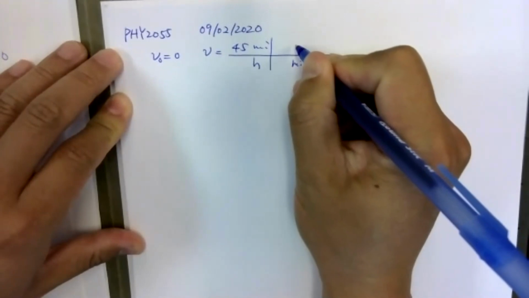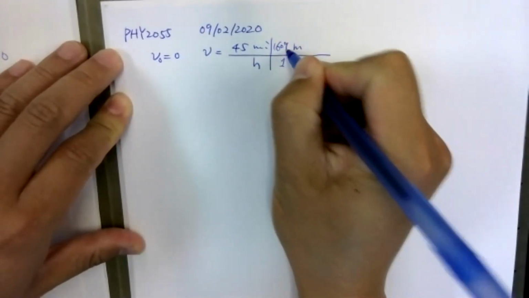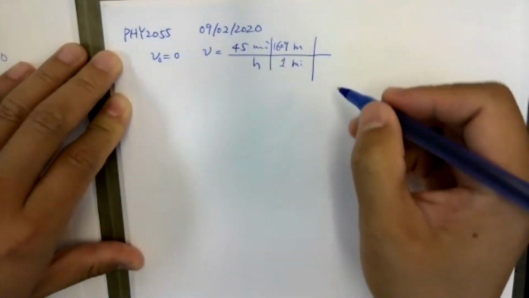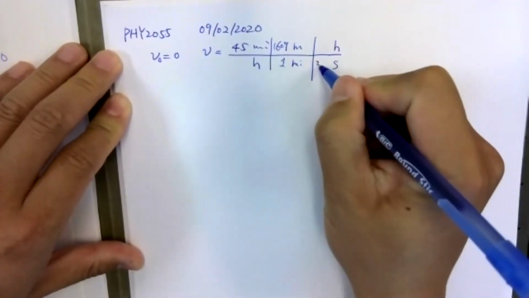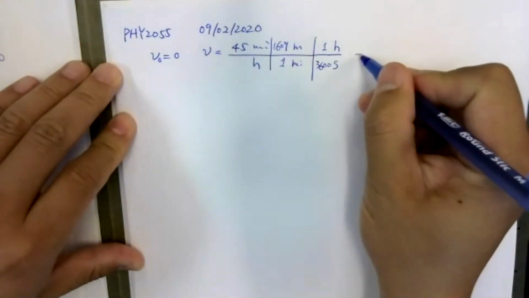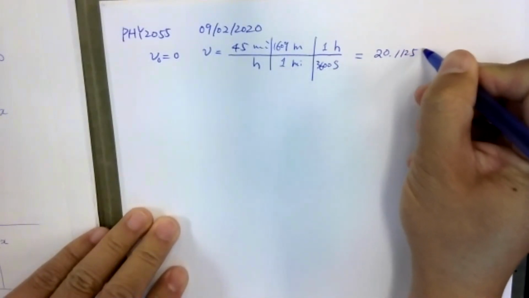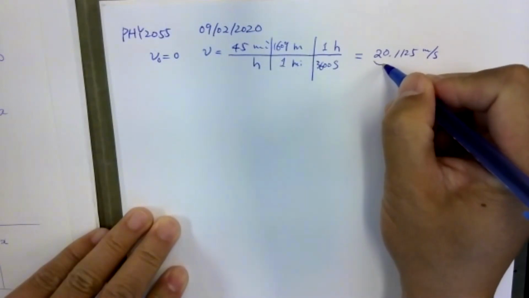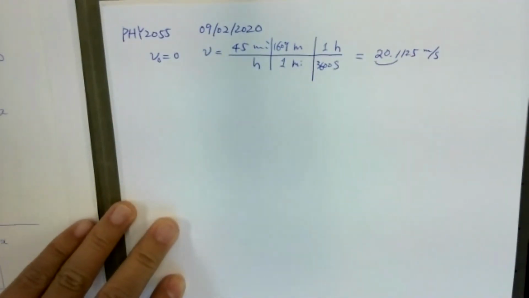We want to get rid of miles and make it in meters: 1609 meters in 1 mile, and then we want to get rid of the hour to be in seconds: 3600 seconds in 1 hour. This gives us 20.1125 meters per second. You can keep 3 digits here, that's fine, or you can leave it with all the digits.